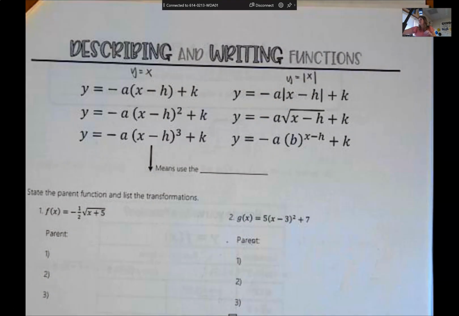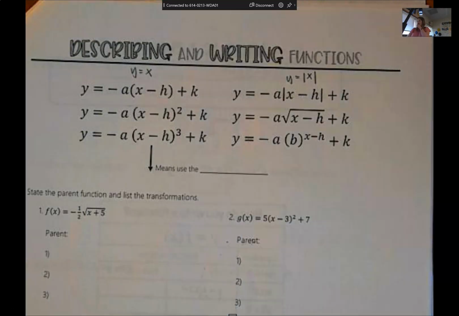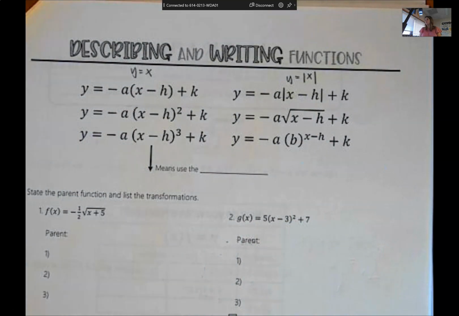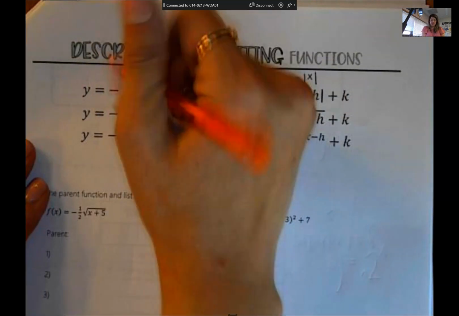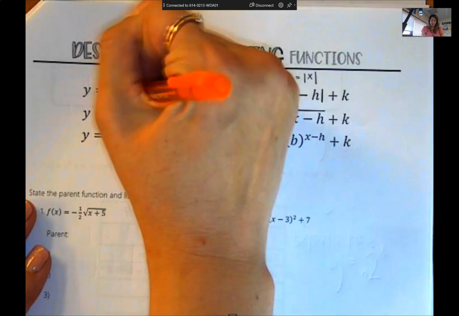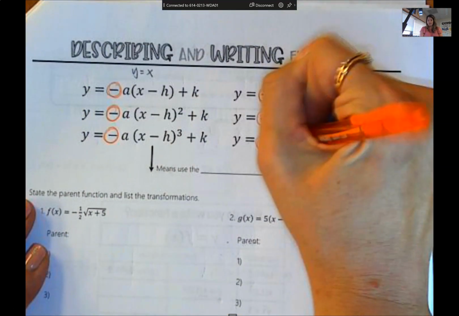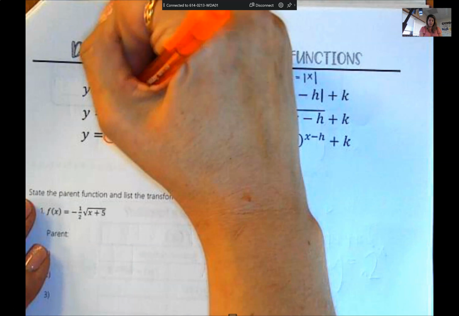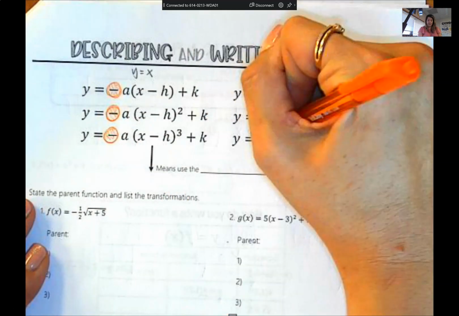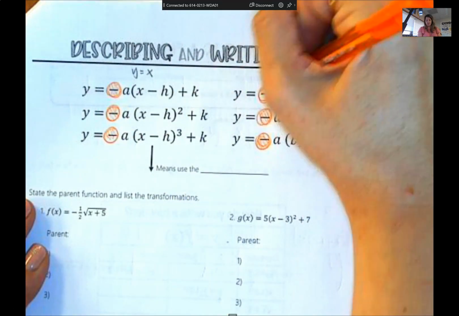So I'm going to run through what each of these things does, and then we will see where we're at. So I'm going to kind of color code it with my pens. You're welcome to do whatever works best for you. So the first thing that we have are these negative symbols. For each one of these functions, if you have a negative on the front, it takes your graph and flips it upside down.